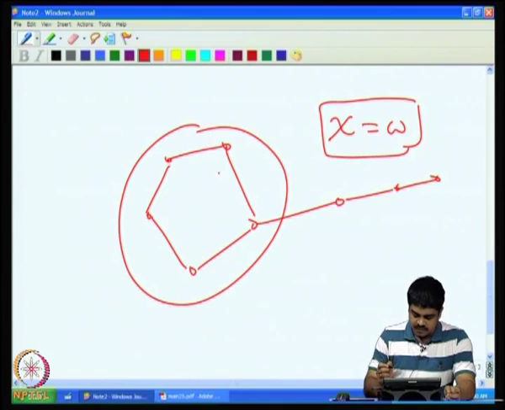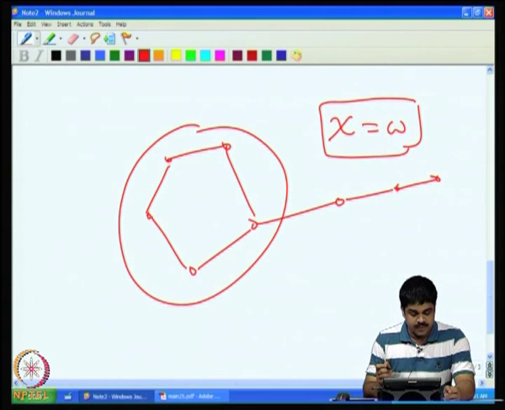Because you remember, for a graph to be perfect, we require that every induced subgraph satisfies the chi equal to omega condition.